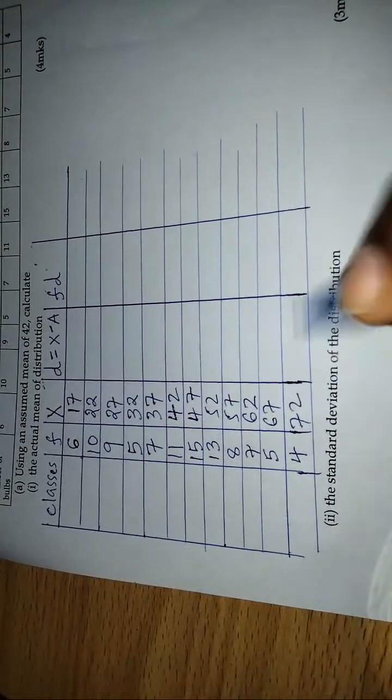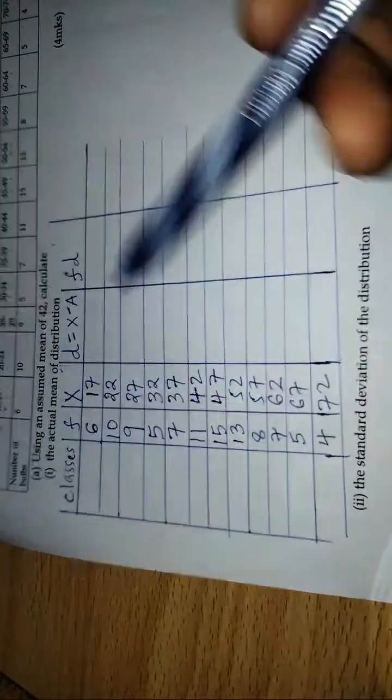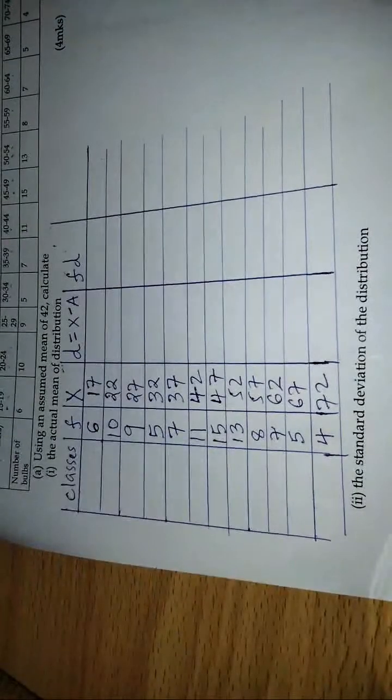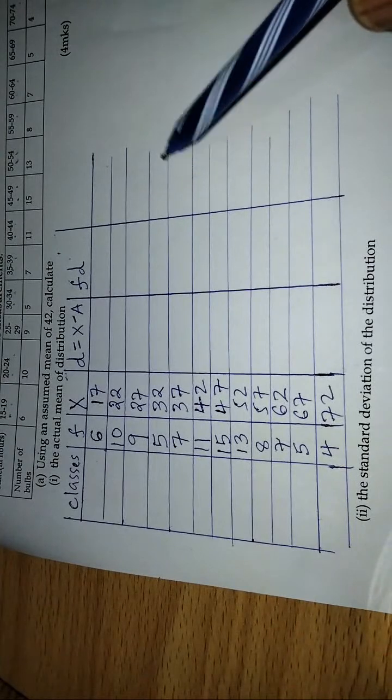Then we have 65 and 69, so 67 becomes the midpoint. The last class, 70 to 74, gives 72. So we have all the midpoints now. Instead of transferring the classes, I've used them where they are. Now the next will be the deviation of each midpoint from the assumed mean of 42.